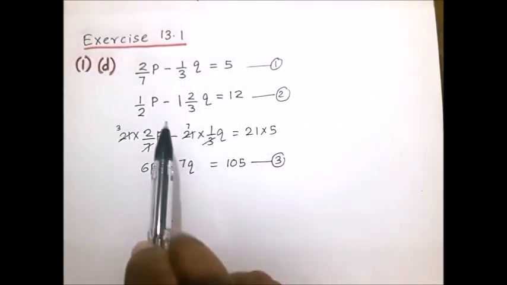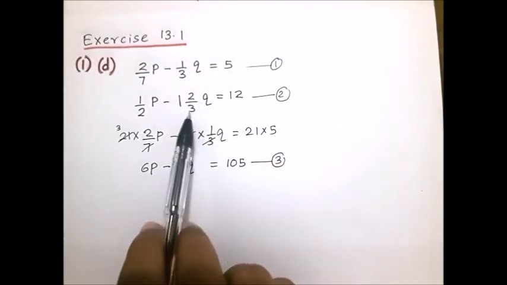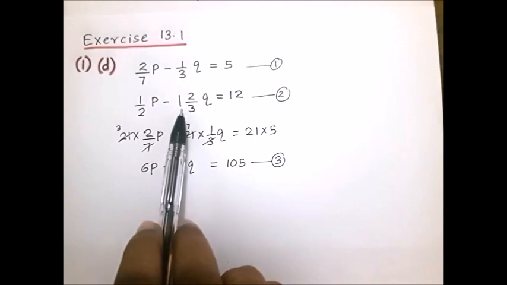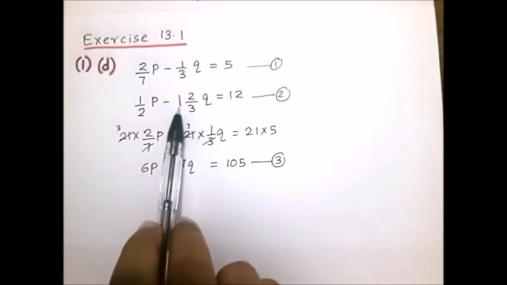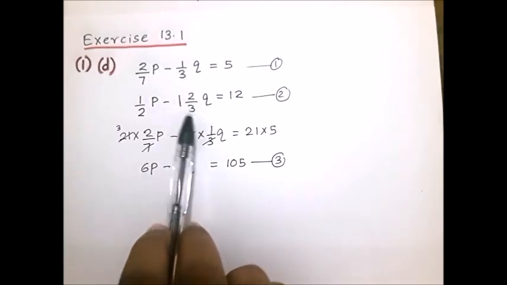Now look at second equation. Here this is a mixed number. First convert this mixed number into improper fraction. 3 multiplied by 1, 3 plus 2, 5, 5 over 3.